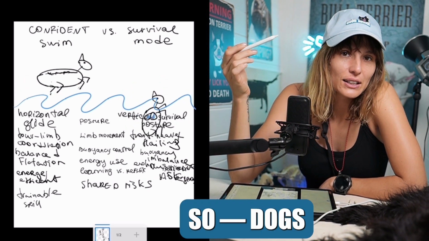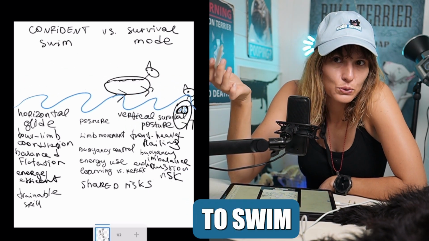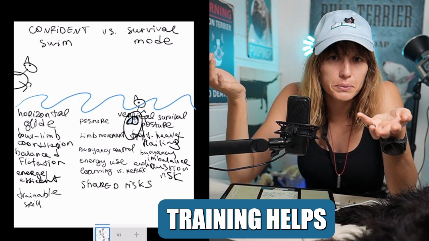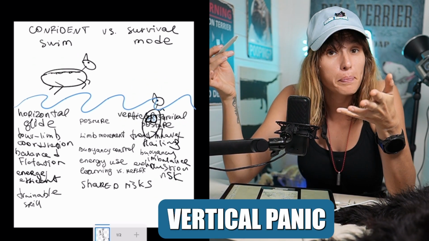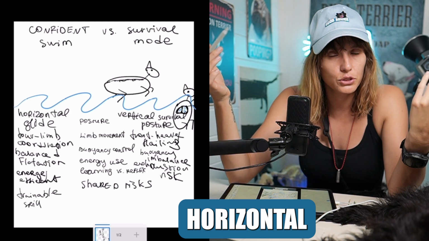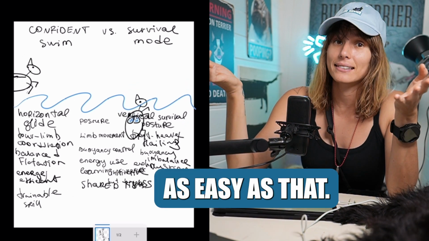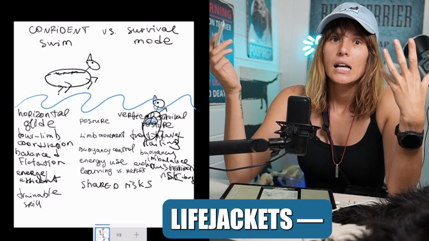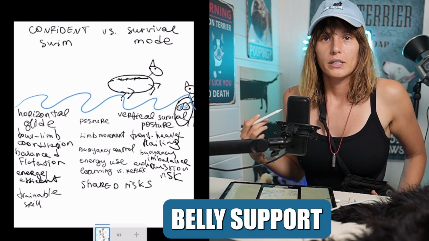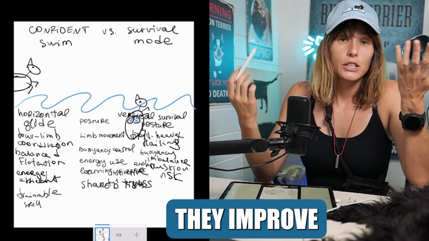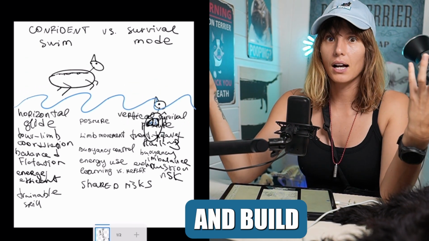So dogs can learn to swim well, right? And training helps to shift from vertical panic paddling to efficient horizontal strokes. It's as easy as that. So life jackets, though, and belly support during practice, they just improve posture and build confidence.